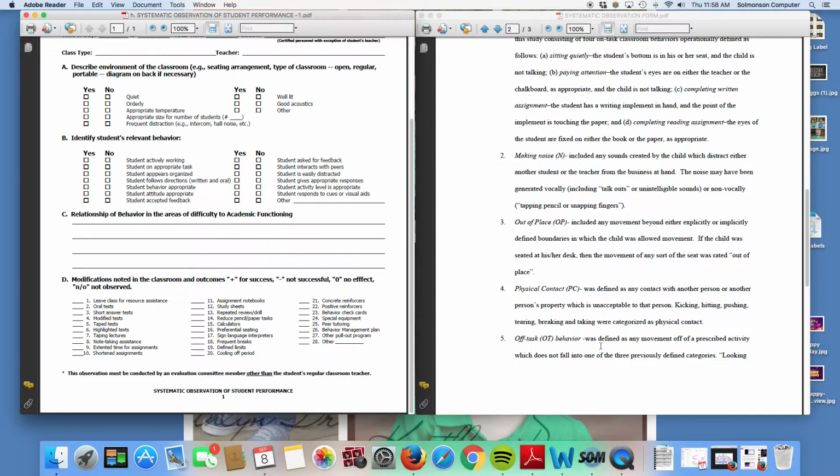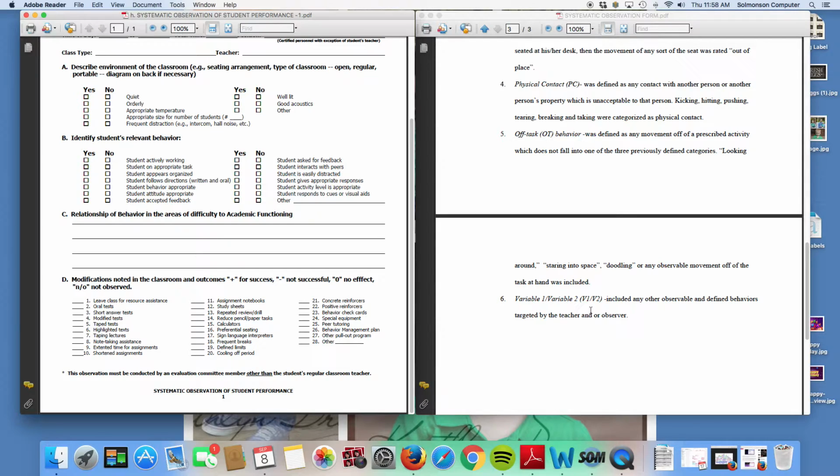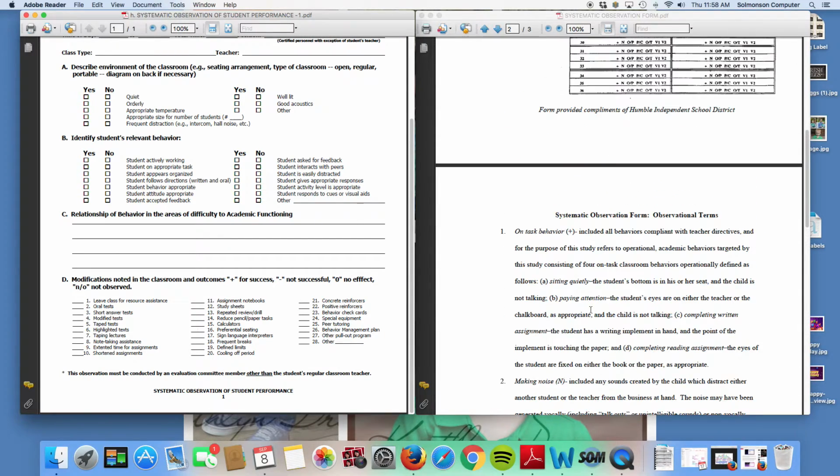And 5 is off task in general. And then you've got variable 1 and 2. You can put that in there, but you don't have to. If there are other defined behaviors you are watching for that are a problem, this gives you the ability to identify those and include them in the observation.